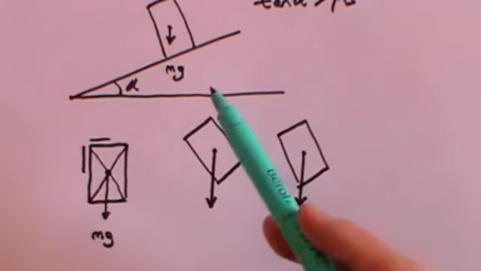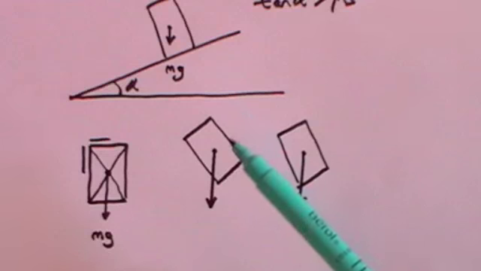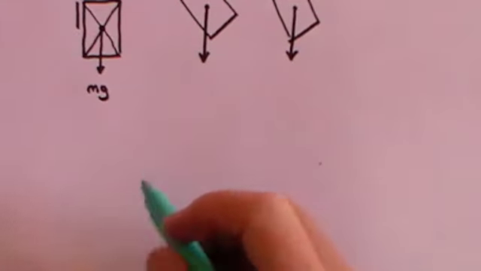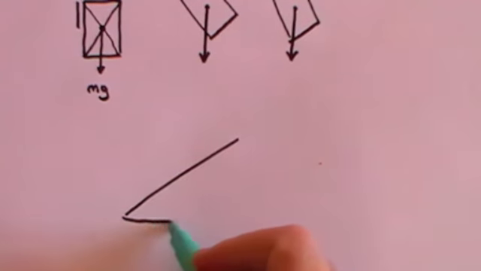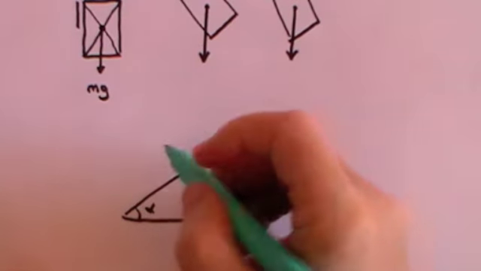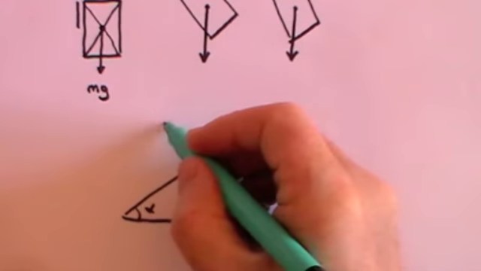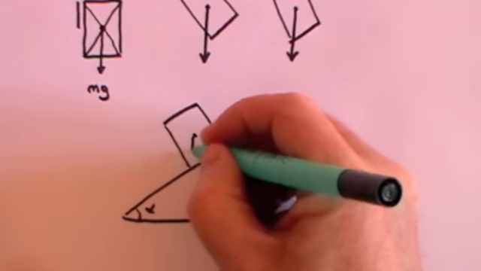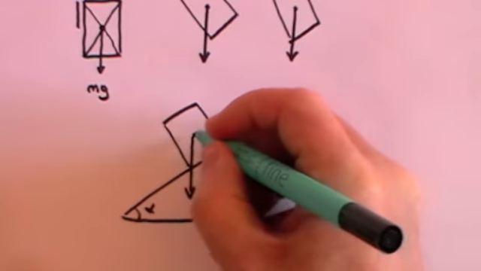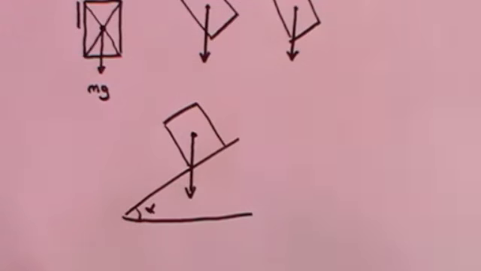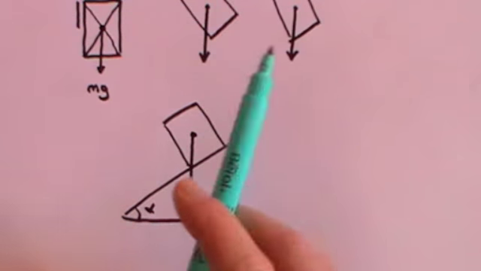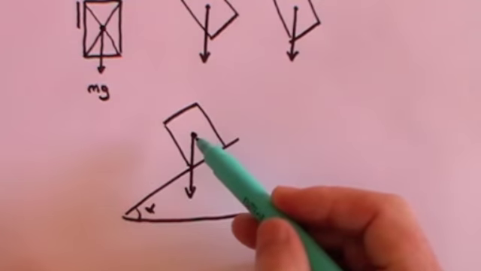But as soon as the block goes further than that, then the block will topple. So if we draw now our angle, there's alpha, there is our block, and I've drawn it so that it's just at the point where it will topple. It's just at the point at which the centre of gravity is over the corner. If you move that angle up any more, that block will topple.